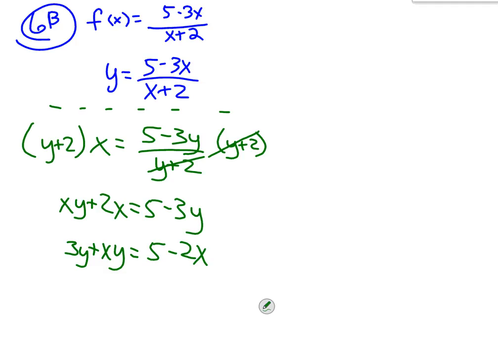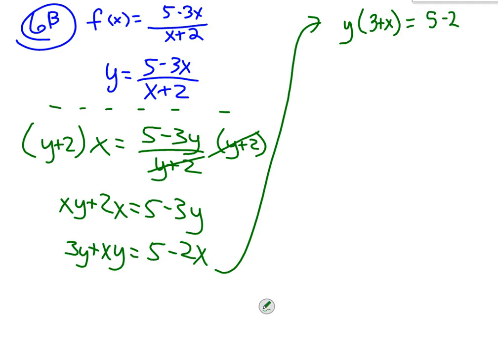Our job is to get y alone again. What is true about that left side? What can I do with the y? I can take out the y, and so distribute that out. So that'll be y times (3 plus x), when I distribute that out, equals 5 minus 2x.